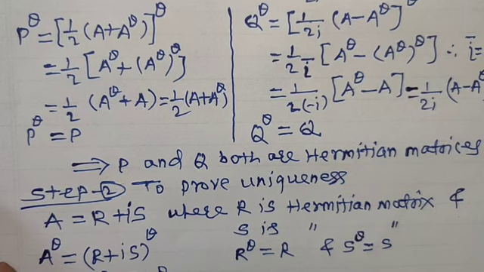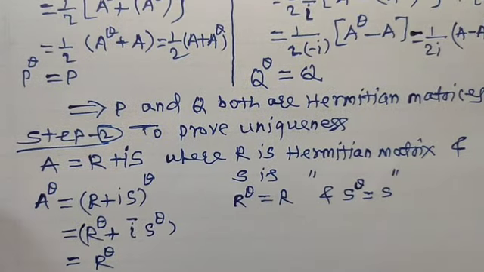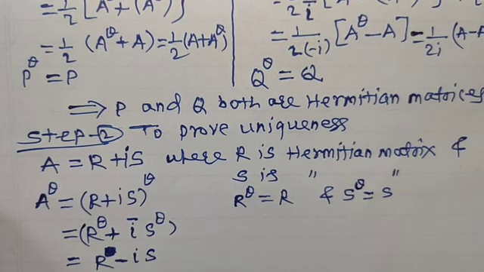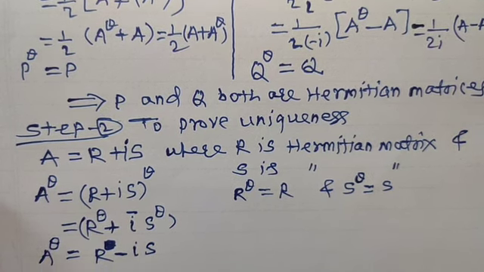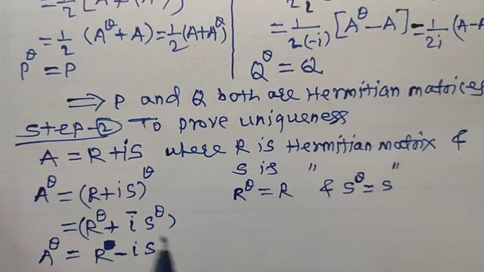So this can be written as R theta minus R theta is equal to R. R theta is equal to R minus IS. A theta is equal to, we have obtained R minus IS, and A is R plus IS.